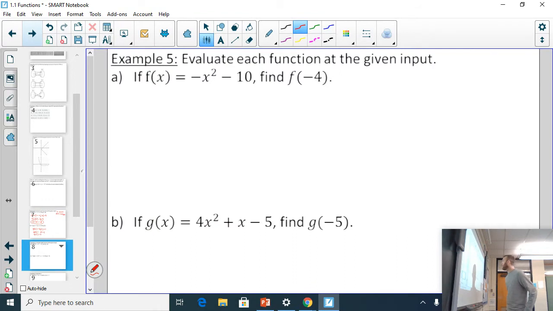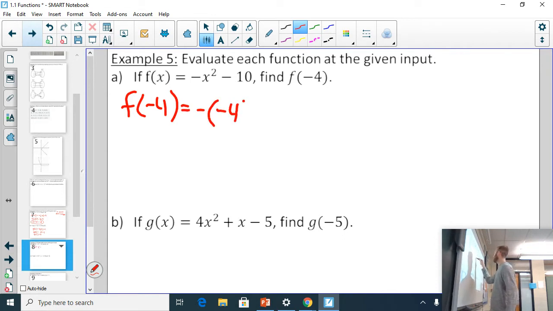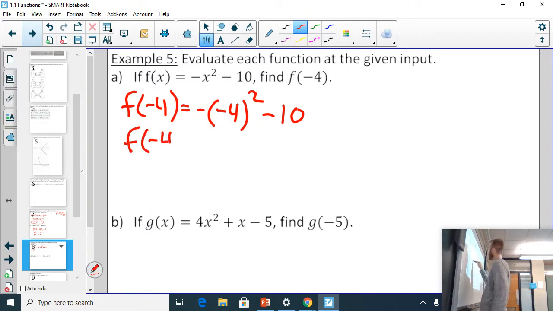Pretty simple so far. Now just to kick up the pressure a little bit, we're going to do the same thing. Now we want f of negative 4 for this function. Wherever I see x, I'm going to put in negative 4. So we have negative, I see an x, so I'm going to put negative 4 in parentheses, and then squared, minus 10. Now we have something that we have to be careful with.